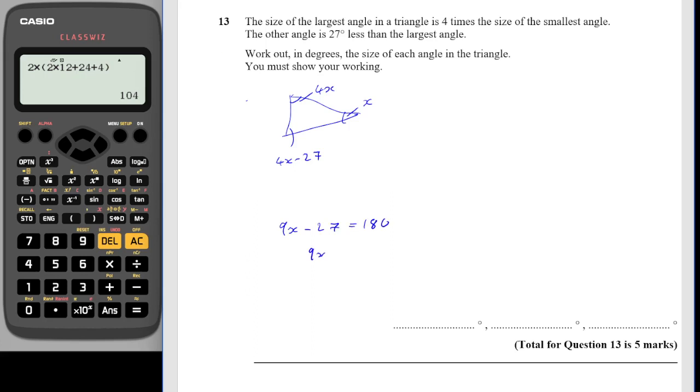So 9x is going to be equal to, add 27 on both sides, so 207. So x is going to be equal to 180 plus 27 divided by 9, so 23. So that's not the answer. Well, that's the smallest size, 23. Times that by 4, that gives me my largest, and then take away 27 gives me my other angle.